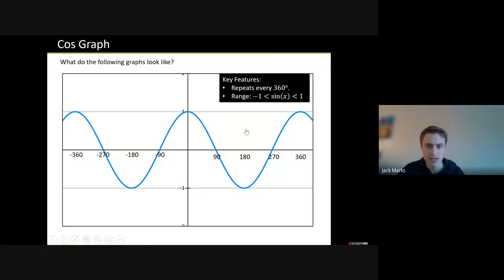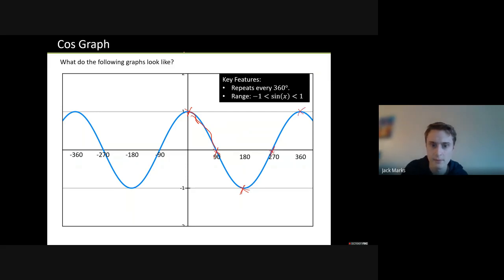How about cos then? Cos, very similar. Cos, I always remember as starting at 1 and instantly falling, okay? And every 90 degrees, you complete a step from 1 to 0, 0 to -1, -1 to 0, 0 to 1.